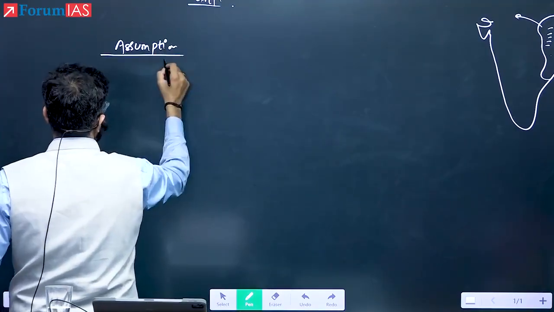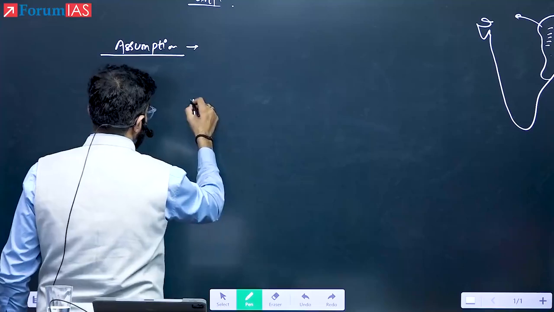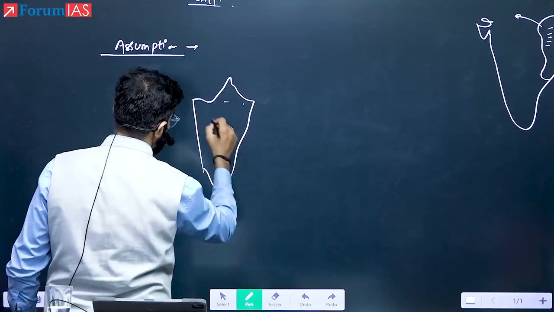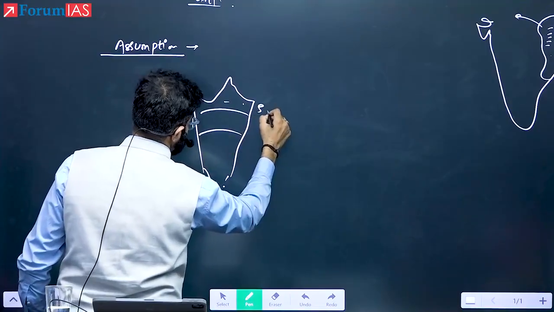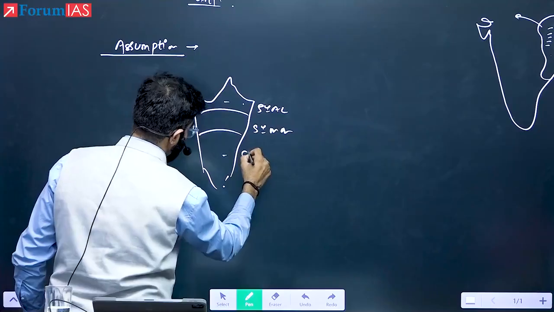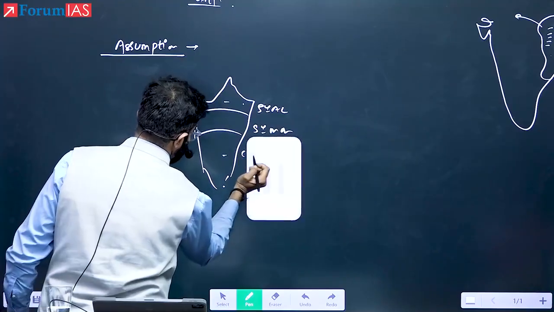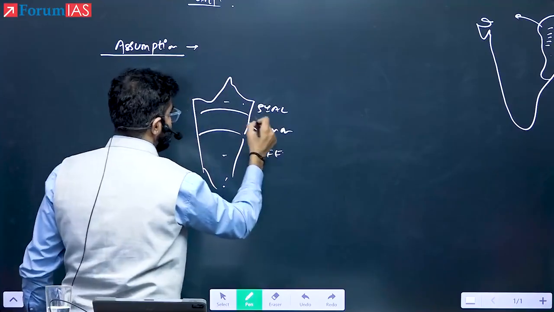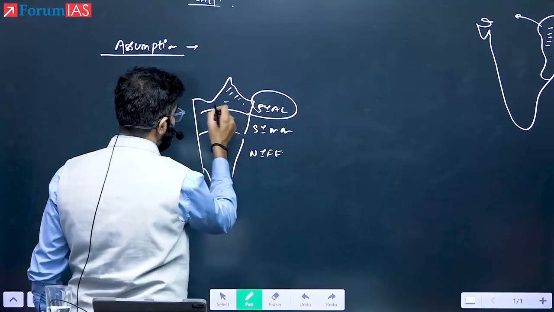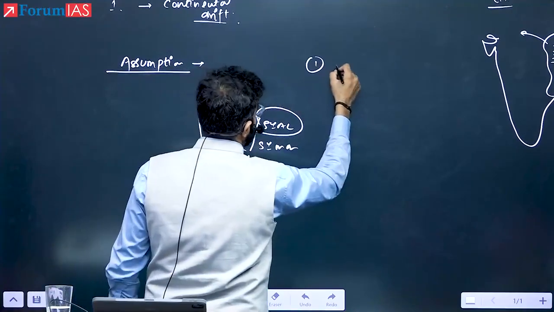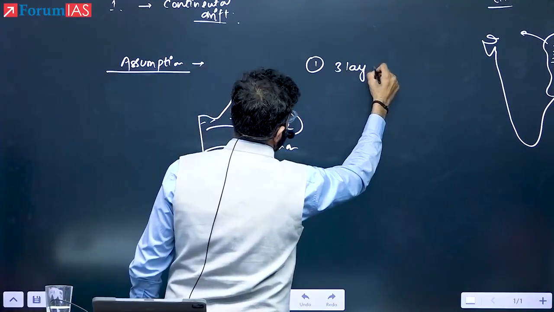The first assumption he made: in Earth, I believe in a three-layer structure. One is Sial, second is Sima, and third is the core, that is nife, right? And he considered that Sial is floating over Sima.